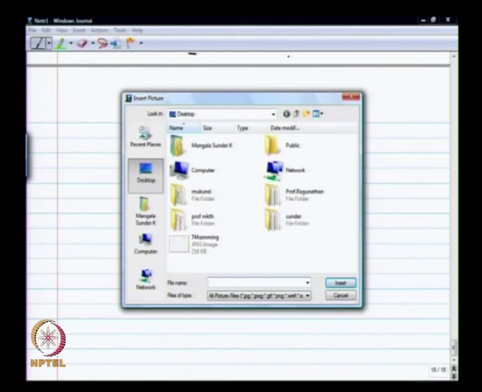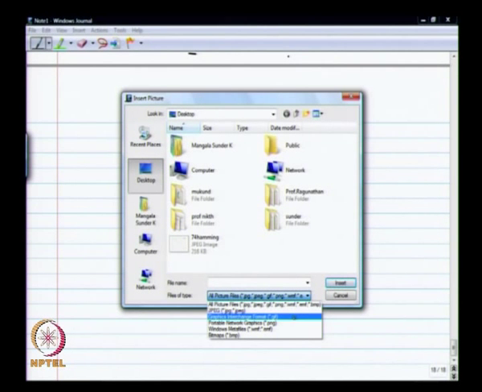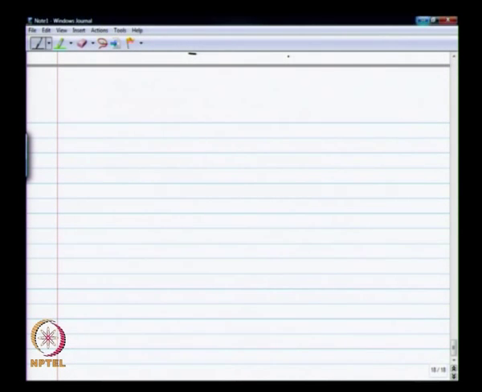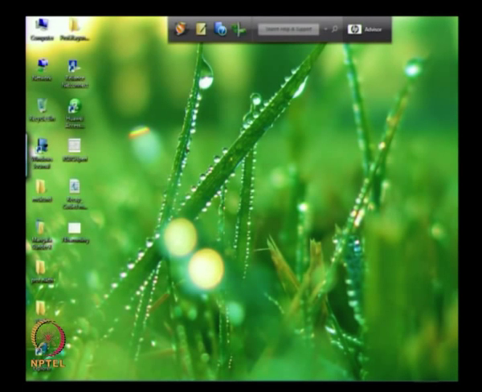See, it is not able to insert PDF files. I am sorry. Oh, I can open it and then cut and paste from there, is it? Okay.